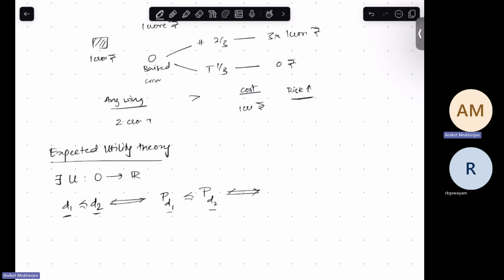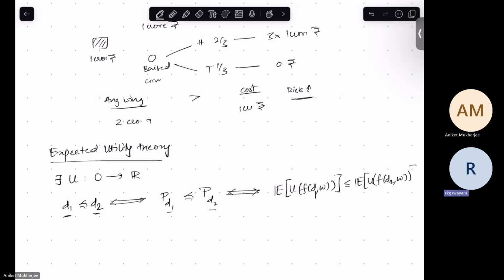This implies that the expected utility of P_D1 is less than or equal to the expected utility if you take decision 2.